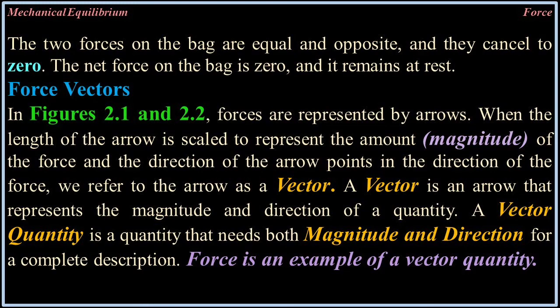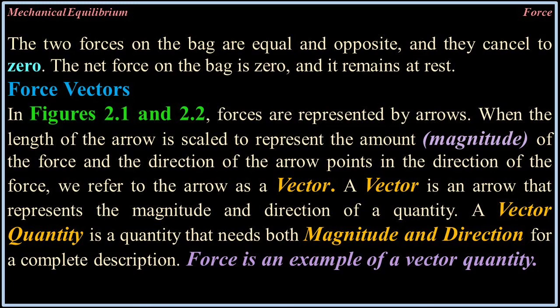Force vectors. In figures 2.1 and 2.2, forces are represented by arrows. When the length of the arrow is scaled to represent the magnitude of the force, and the arrow points in the direction of the force, we refer to the arrow as a vector.